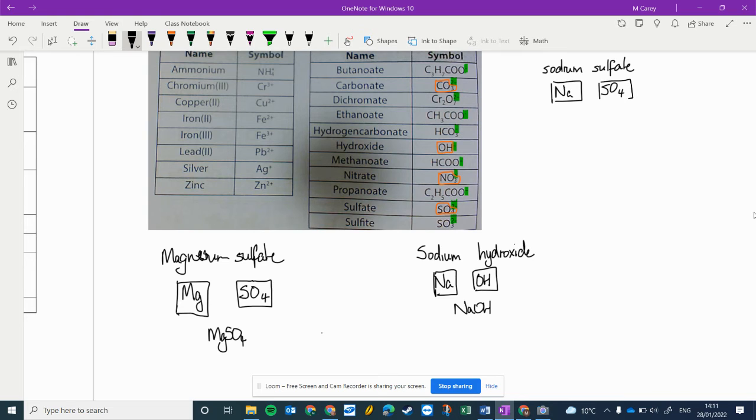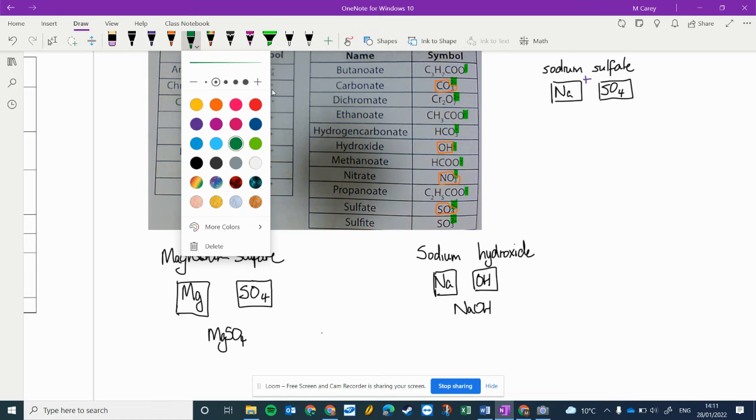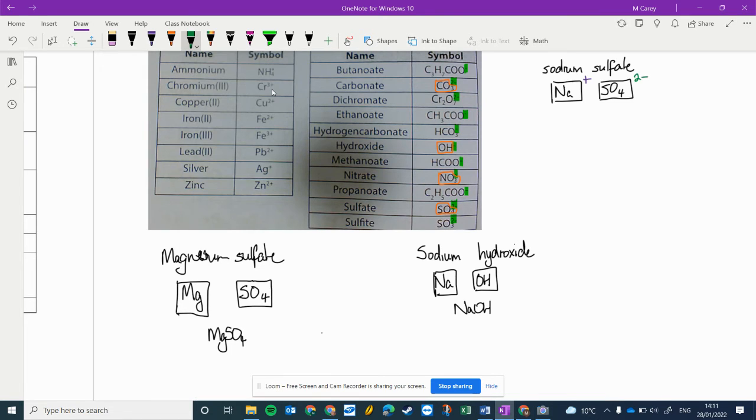Okay, we've got the charge on sodium, this time is plus, and the charge on sulfate is 2 minus, as always. Okay, so we're going to lose the charge, drop and swap any numbers. This time we have a 2 here, so we're going to drop it and swap it to the 2, and then we're going to remove the boxes, and we have Na2SO4 is the formula of sodium sulfate.